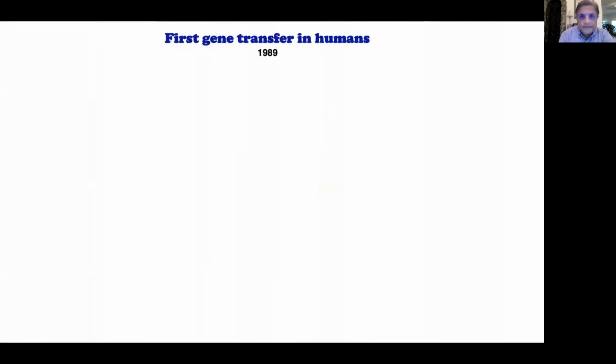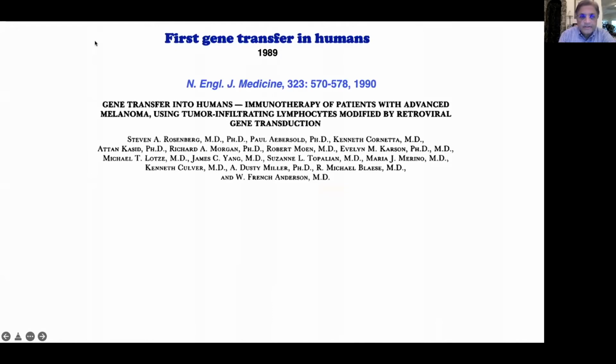So the very first gene transfer in humans was performed in 1989 at the NIH by Dr. Steven Rosenberg and his colleagues. So they took T cells, peripheral T cells from patients and infected them with the mouse retrovirus, which I just showed you, carrying a marker gene called the neomycin gene.